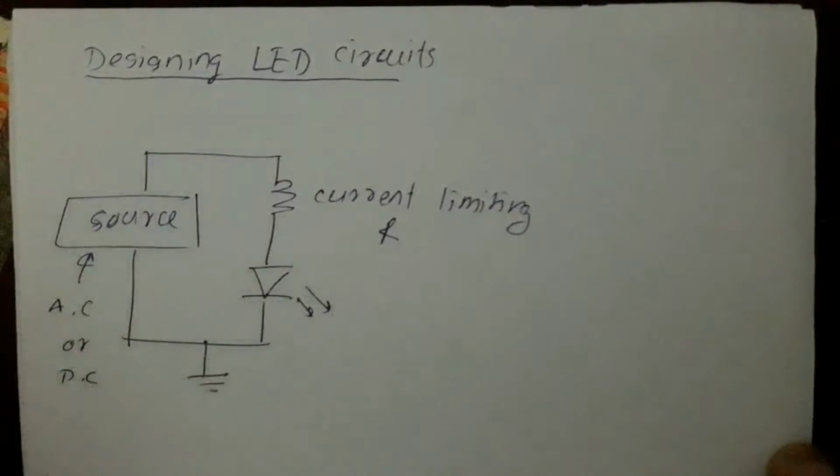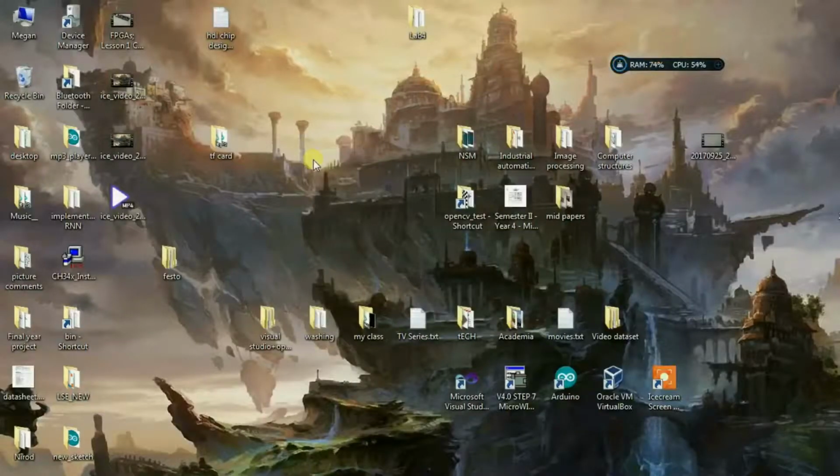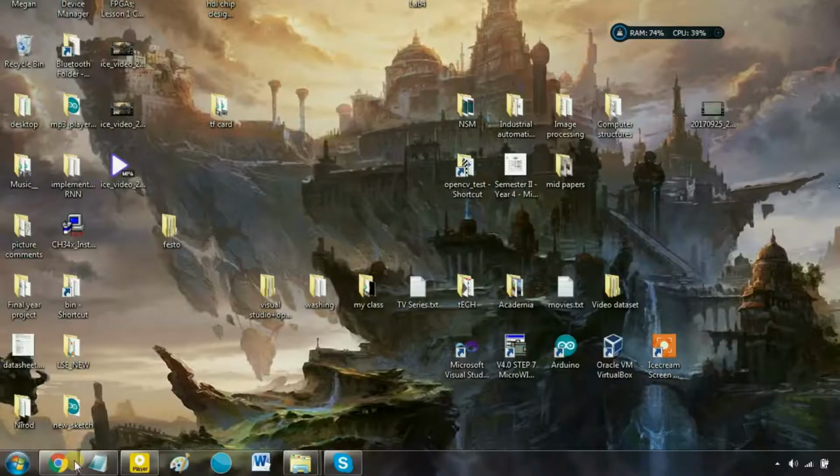So before delving into the details of designing these circuits, let's take a look at an example LED datasheet in order to determine the parameters we need to use when designing these circuits. Let's look at some LED specs on the internet.